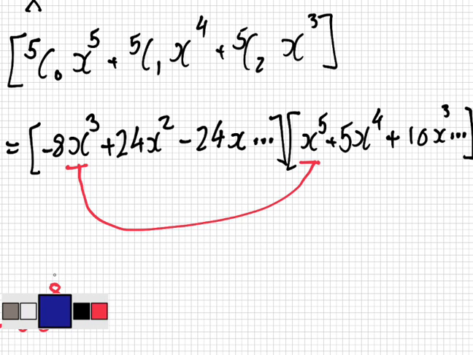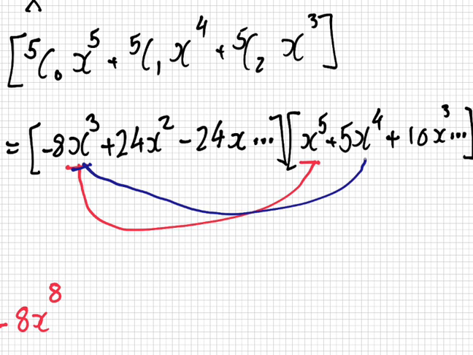I don't need to do any of the multiplications that make smaller than this. So if there was an x^5 or an x^4, I don't need to look at it. The next one I need to look at is x power 7. So what would make x^7? Well, this one multiplied by this one would make a 7, wouldn't it?